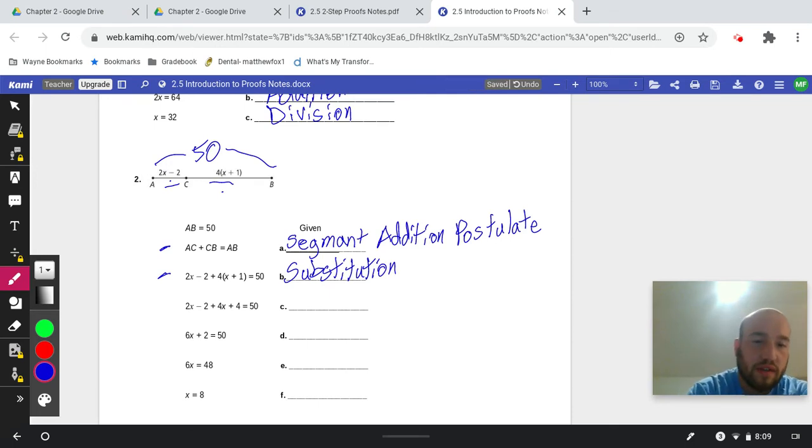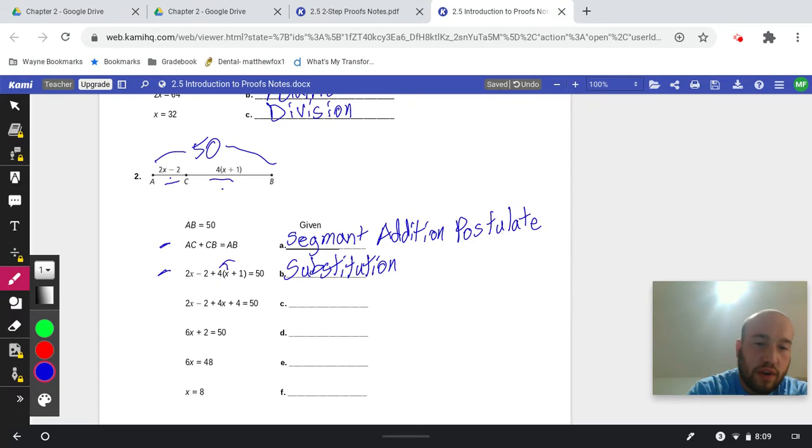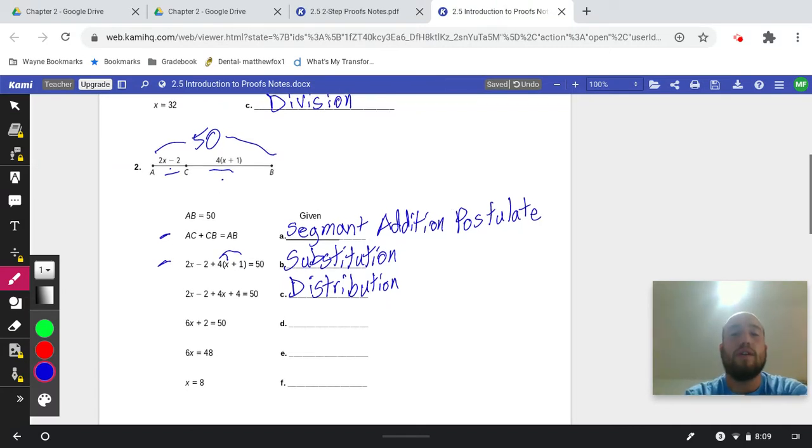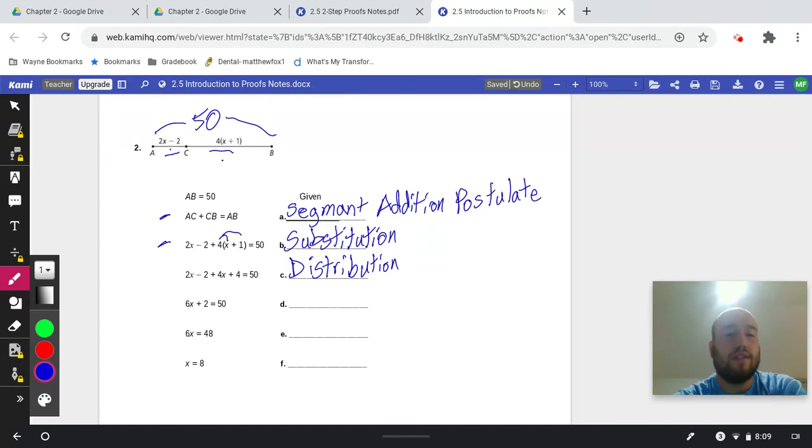All right, so now to the next line, we bring this 4 in. So that is distribution. As you can see, this is now turned into just an algebra proof. The only difference is we had to use this geometry concept to set up our equation. We had to remember what segment addition was: that if we add the parts together, we get the whole thing. Now they're on the same side. They do 2 of them in the same step, but that's because we're combining like terms for both of these.